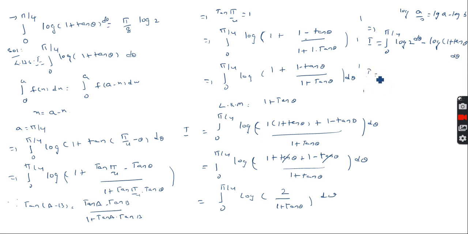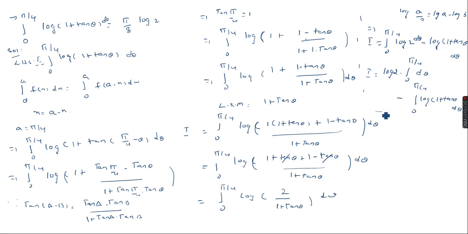Log 2 is a constant. We take it outside. We get log 2 into the integral from 0 to pi by 4 of d theta, minus the integral from 0 to pi by 4 of log of 1 plus tan theta d theta.